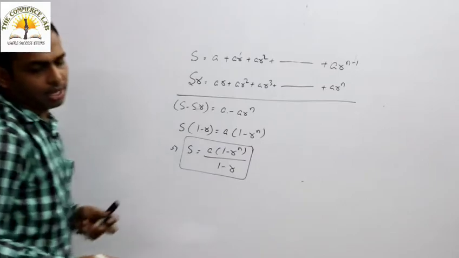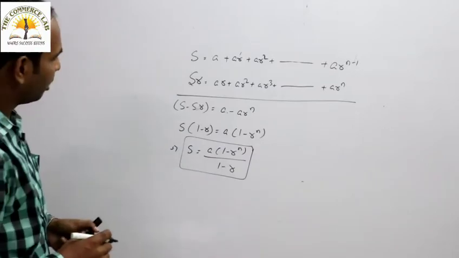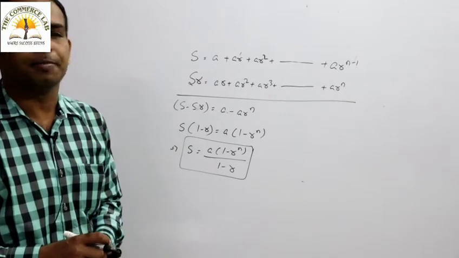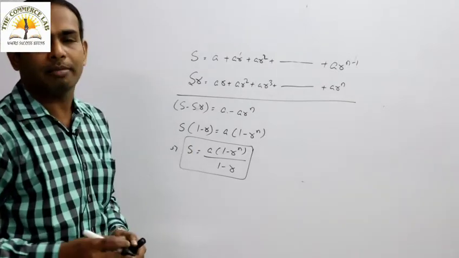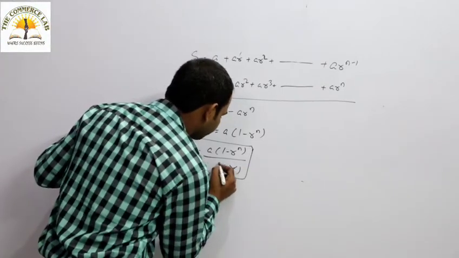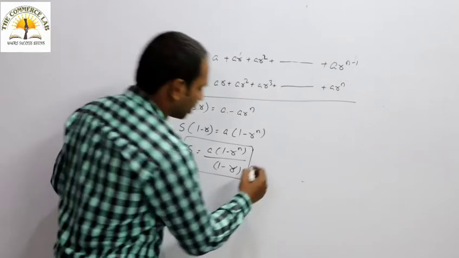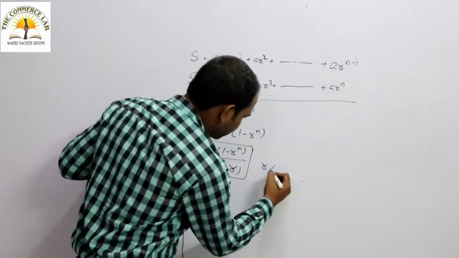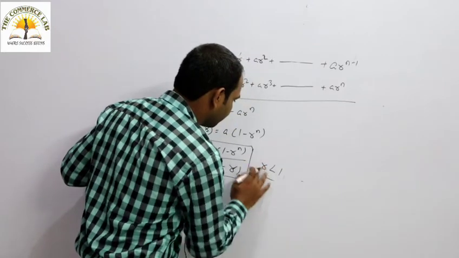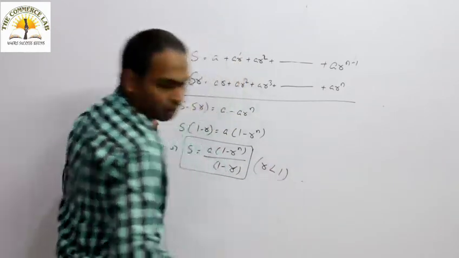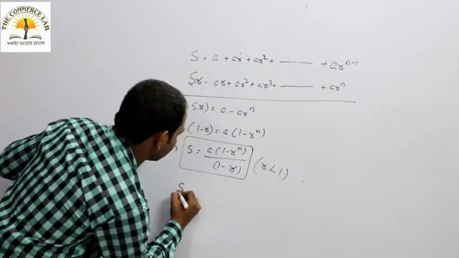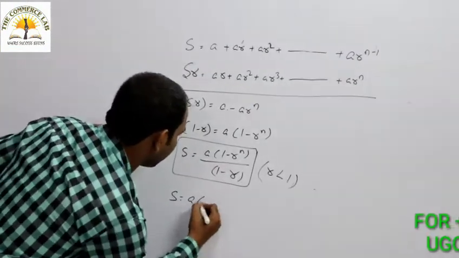So this is the formula for the summation of all the n terms of a GP. S equal to a into 1 minus r to the power n divided by 1 minus r, subject to the condition that r must be less than 1.